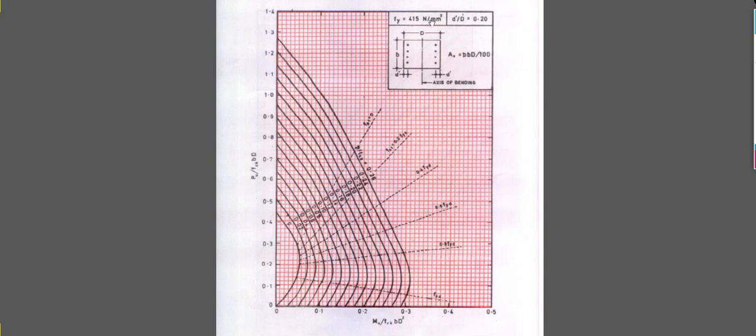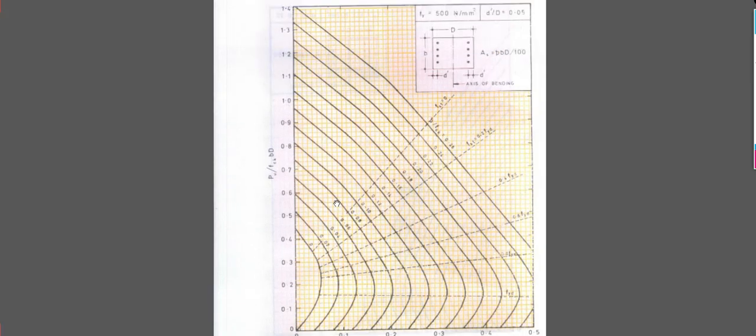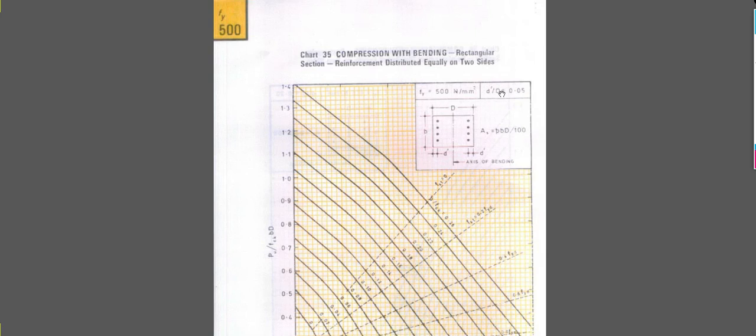This point is for 0.2, so you have to take it for 0.2. Like this you have to check the curve and find out which particular chart is required for you, and that chart should be taken. This is for fy 500, with d dash by d equal to 0.05 here.